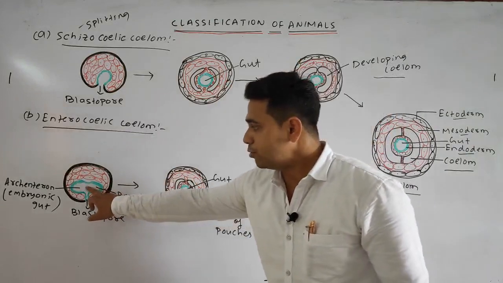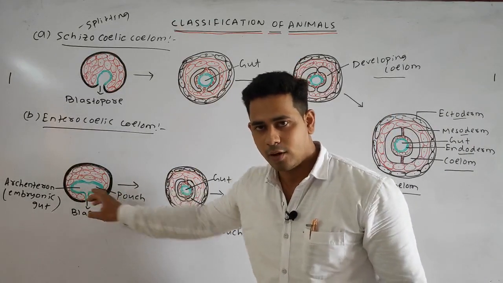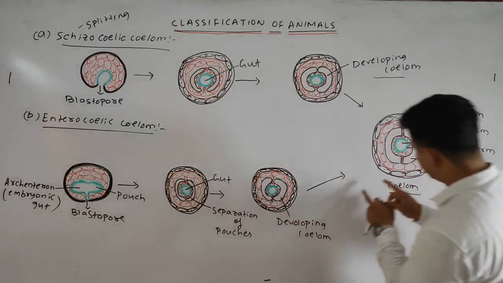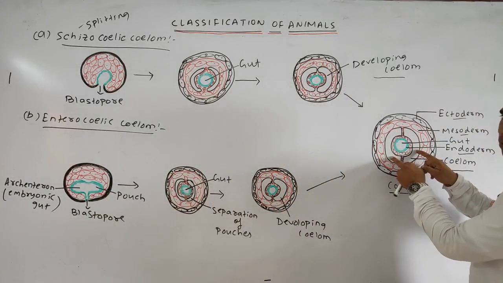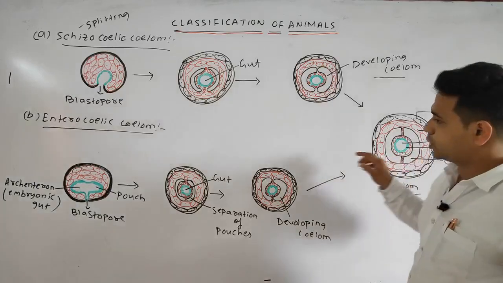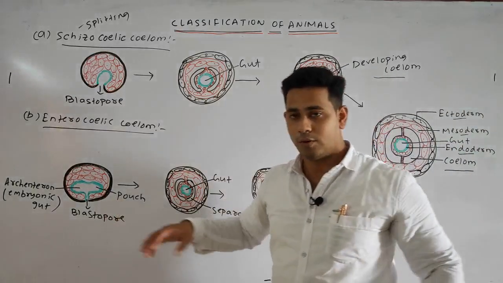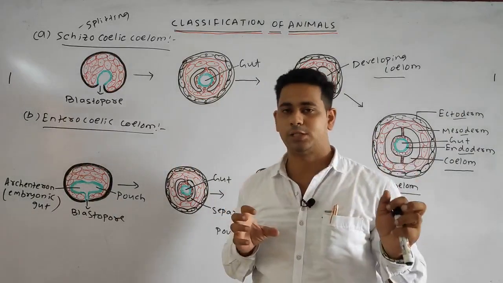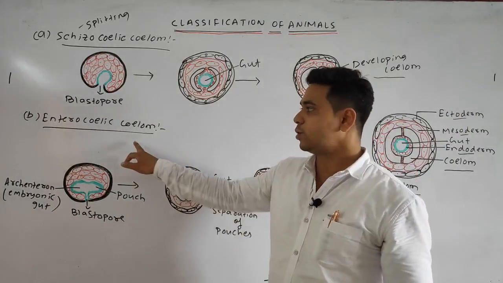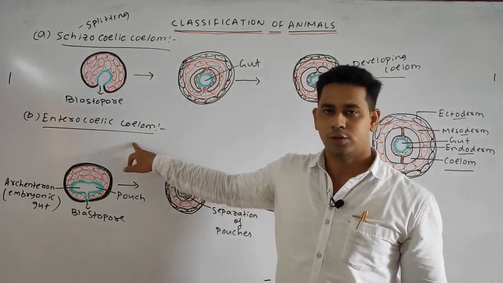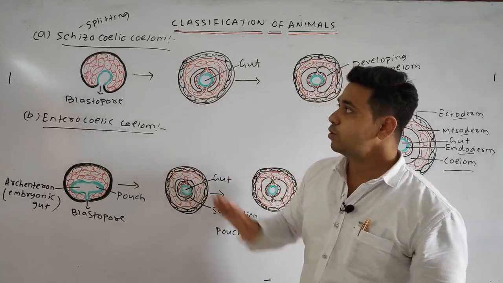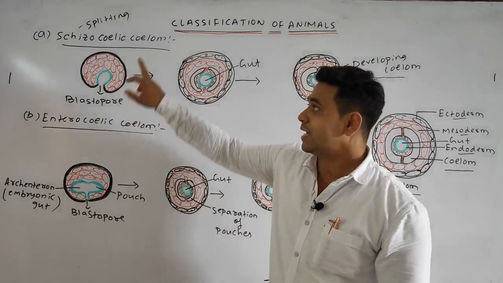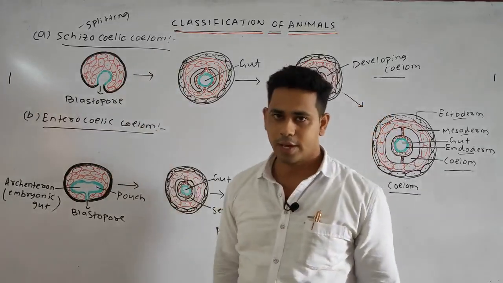The pouch-like segments are formed in the archenteron, and further the pouch-like segments are split and develop to form the true coelom. This coelom, formed from pouch-like segments of the archenteron that split, is known as the enterocoelous coelom, which occurs in us. So there are two types of coelom formation, schizocoelous and enterocoelous. Please note this down.